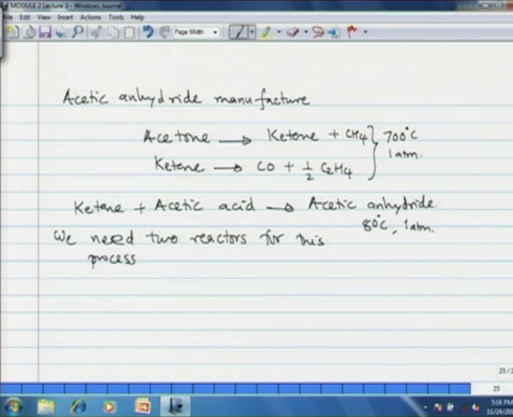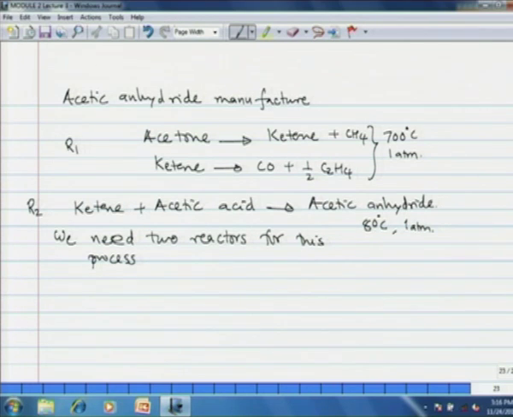The reactors are often numbered. So, we say that R1 is the first reactor in which acetone undergoes decomposition, and R2 is the second reactor in which the decomposition product ketene reacts with acetic acid to yield acetic anhydride.